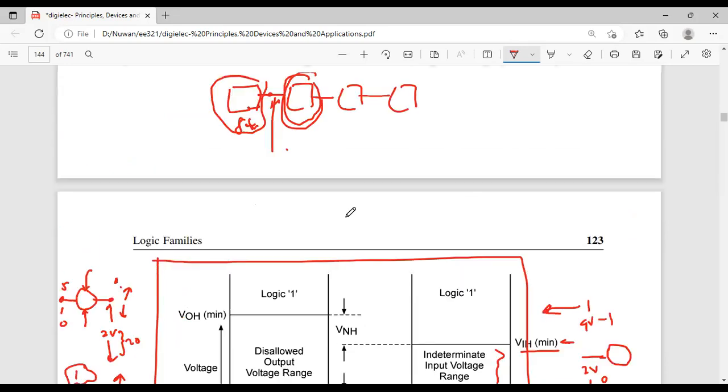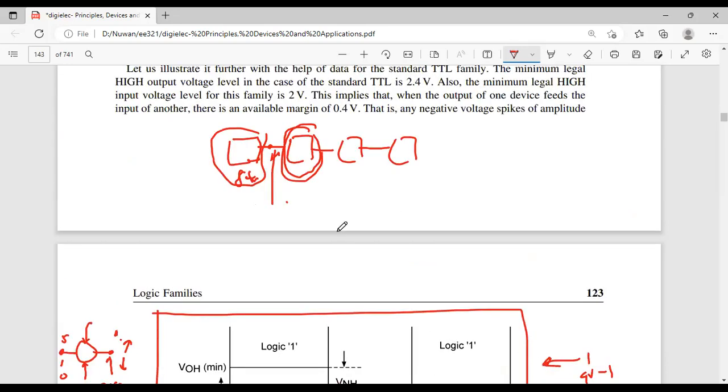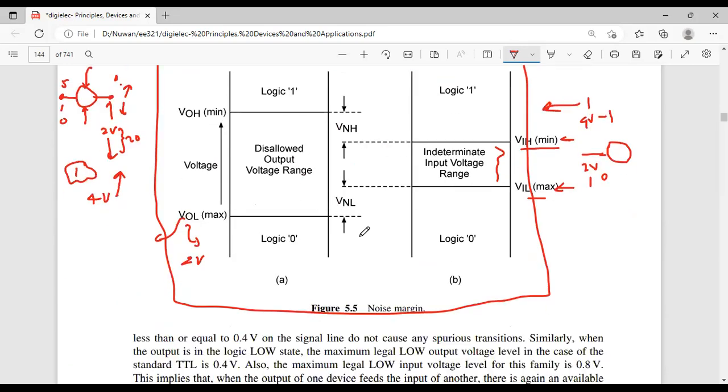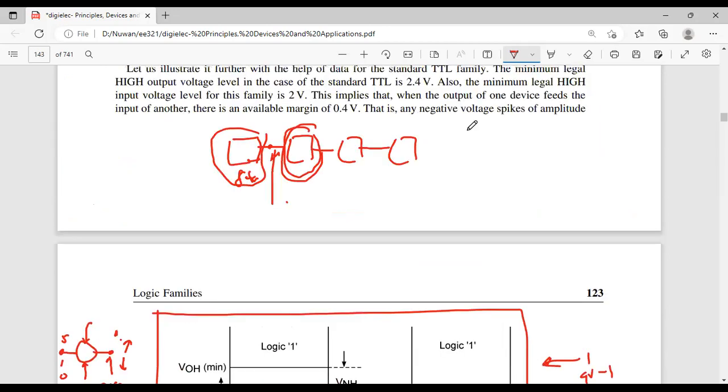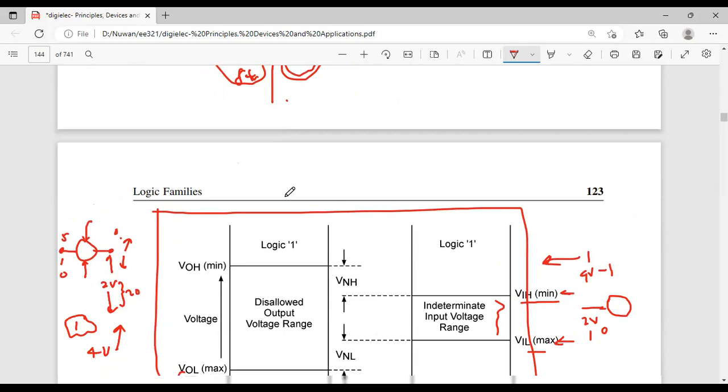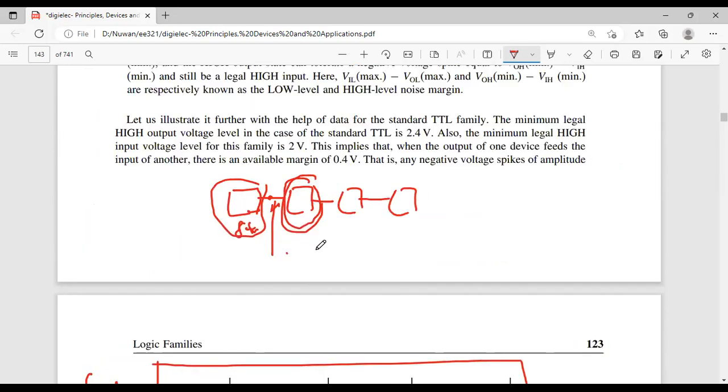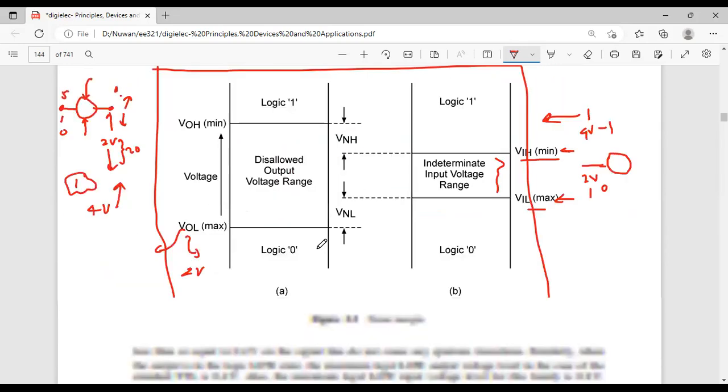You should be able to explain that kind of scenario using the noise margin. I have already explained; if you could understand this, you can explain. This kind of question will come.